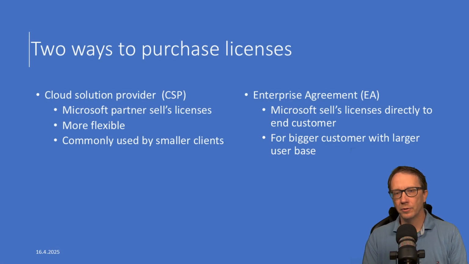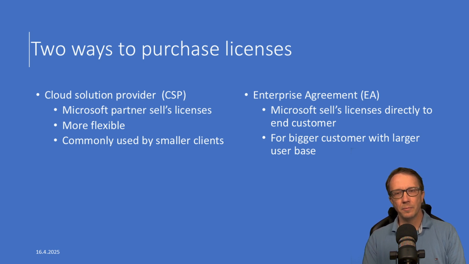There are 2 ways to purchase Dynamics licenses. There is the CSP model, the cloud solution provider model, where a Microsoft partner sells you the licenses. That model is a bit more flexible, and you see this model used more when the customer company is a bit smaller in size and doesn't have that many users.